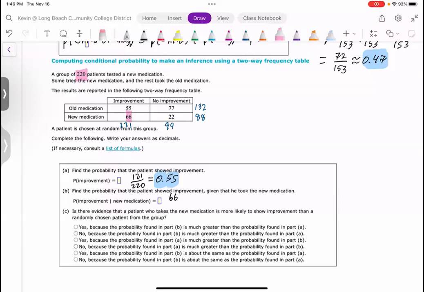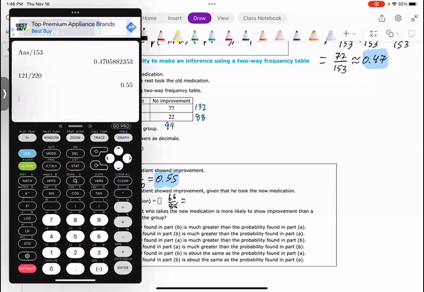And the denominator is going to be everyone who took the new medication. So how many people took the new medication? That looks like 88. So 66 over 88. I'm getting 75.